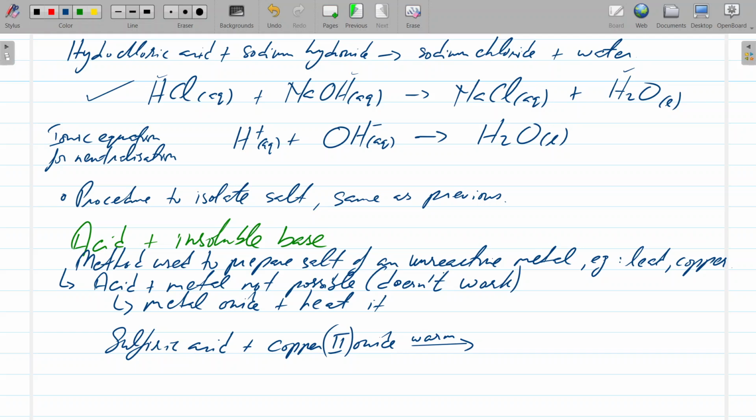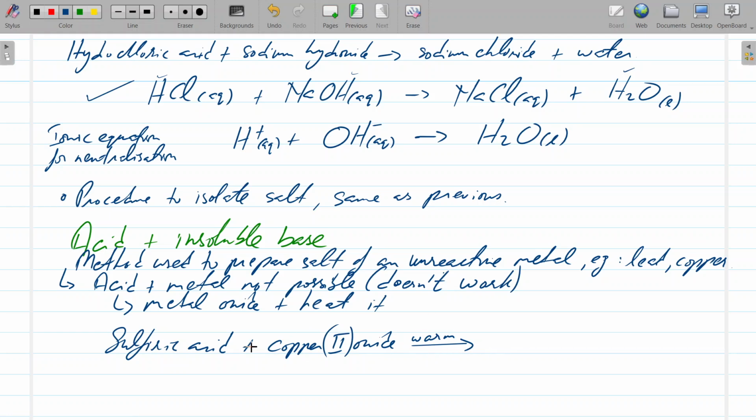Can you please repeat it again? You are going to react sulfuric acid with a metal oxide. In this case, you are using copper 2 oxide. And as I mentioned, you need to heat it, right?